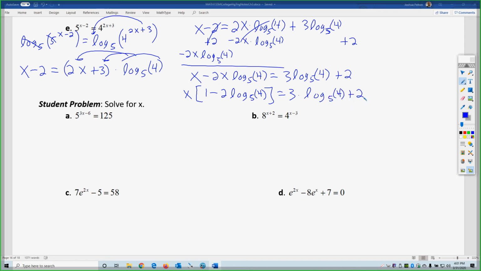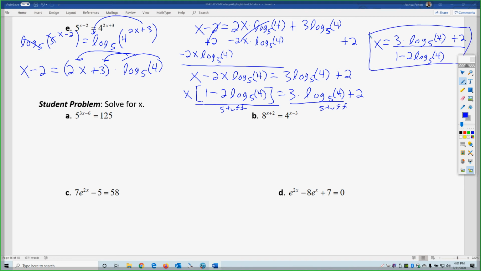So that gives me my final step, which is to divide by that stuff. So I get my final answer of x equals 3 times the log base 5 of 4 plus 2, over 1 minus 2 times the log base 5 of 4. I think that's it.